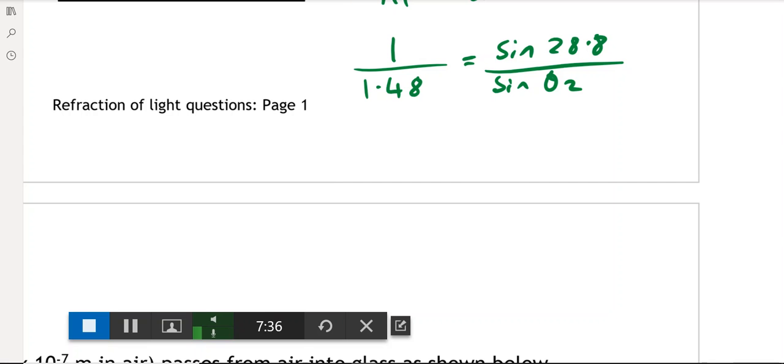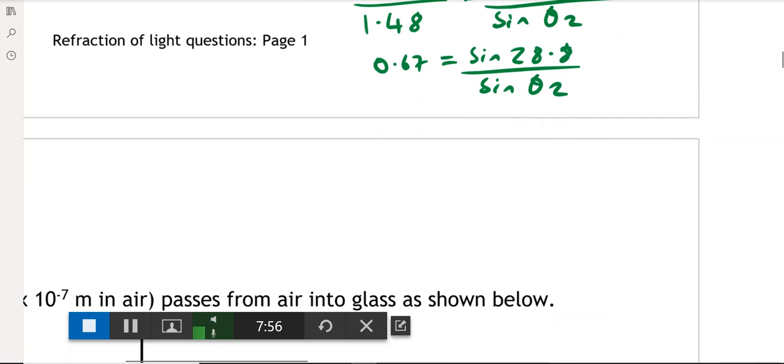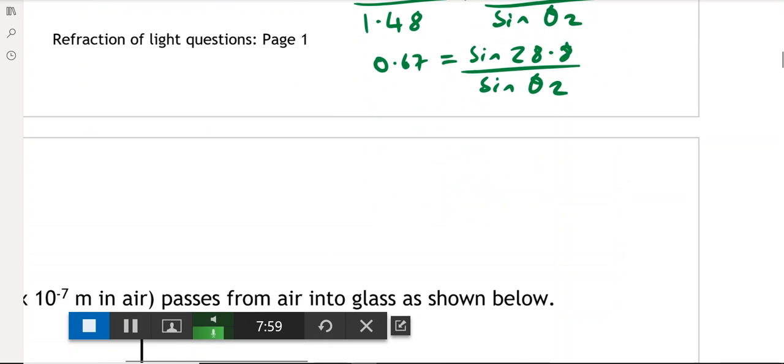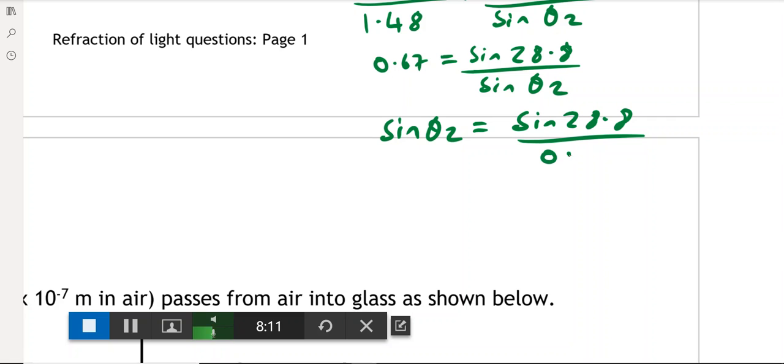So we can simplify the left hand side if you wish. Those of you who want to just skip forward and do the inverse sine of the whole thing, you can. If you're not confident with that, then you can take your time and go through all the steps to find sine theta 2. So now what we've got is sine of theta 2 is equal to sine 28.8 over 0.67.